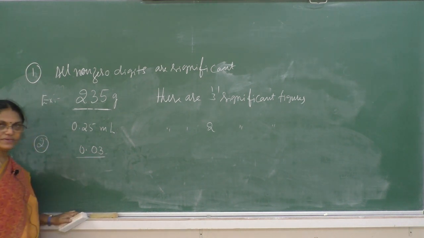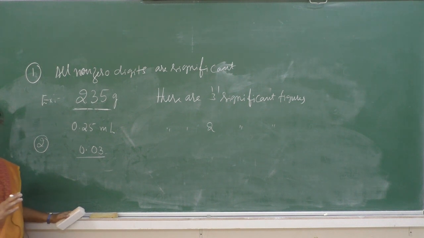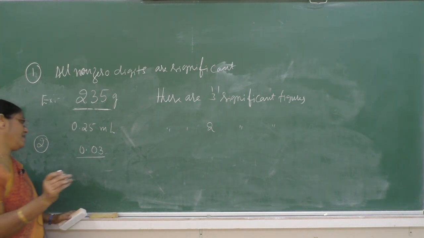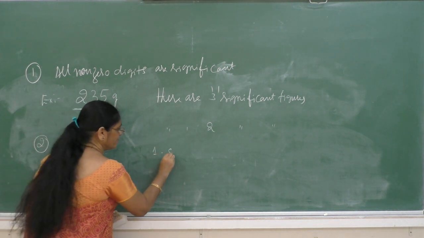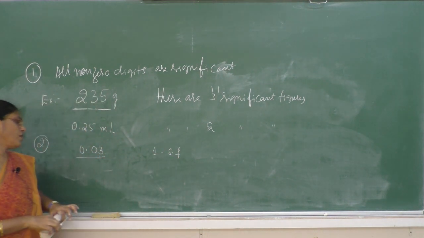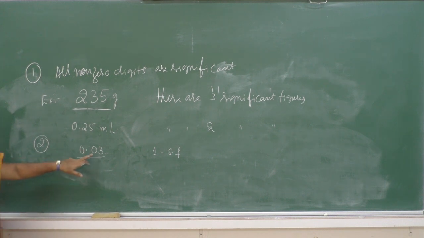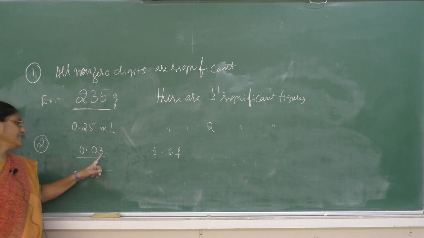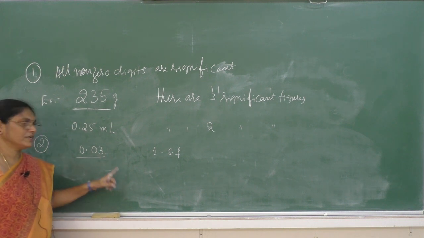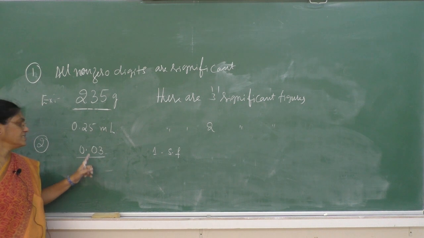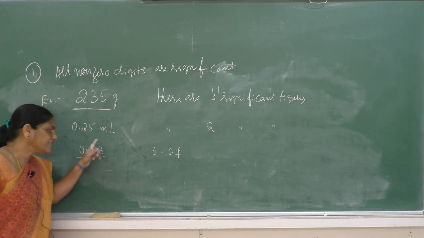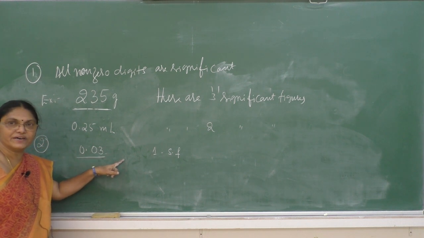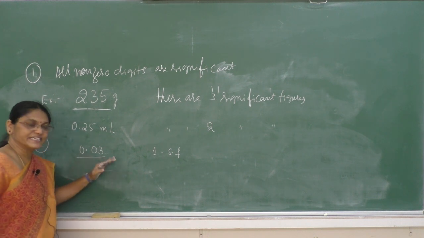In this number, how many significant figures are there? There is only 1 significant figure, because the zeros indicate the decimal point. So therefore, the zeros preceding the first non-zero number are not significant.